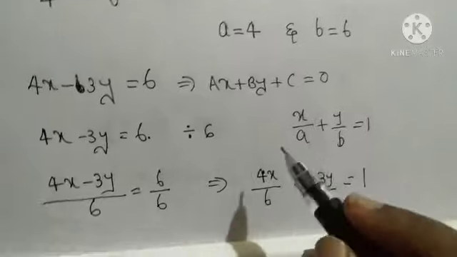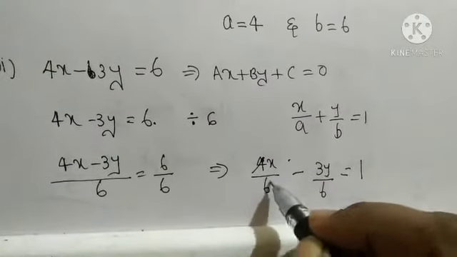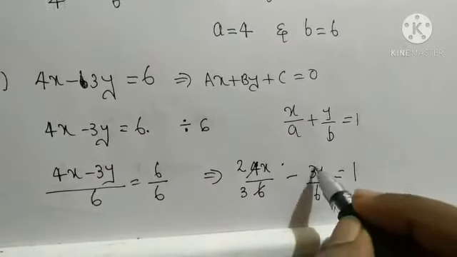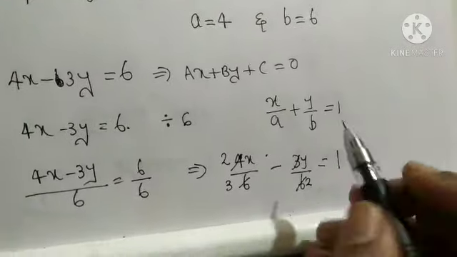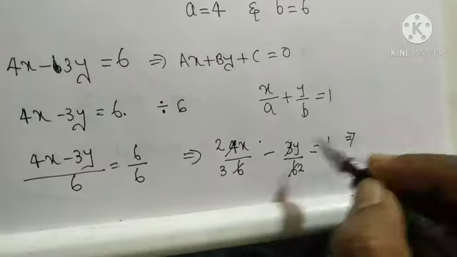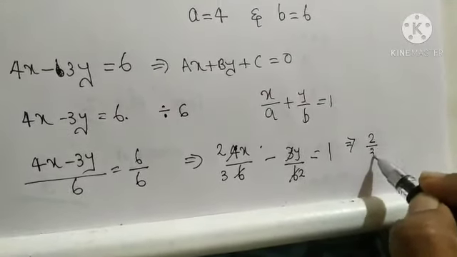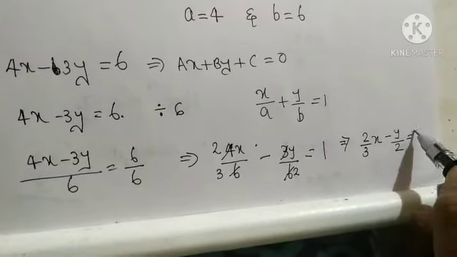Okay, so here this 4 and 6 will cancel and it will become 2 by 3, and here 3 and 6 will cancel and it changes to 2, and finally we get our intercept form as 2 by 3x minus y by 2 equal to 1.